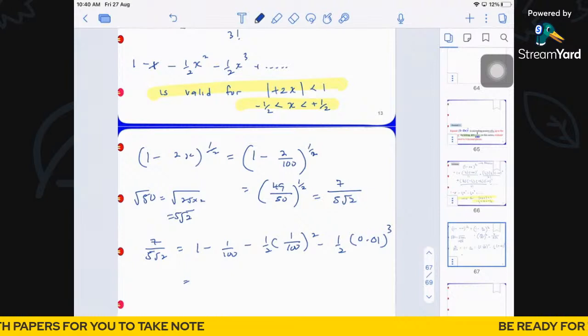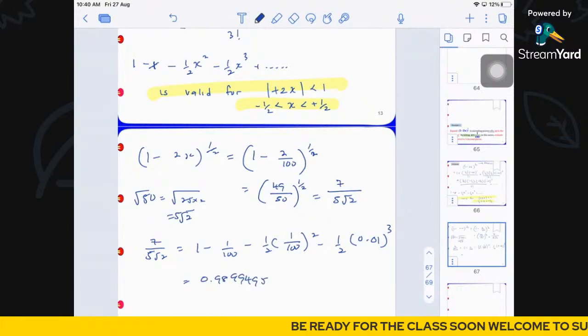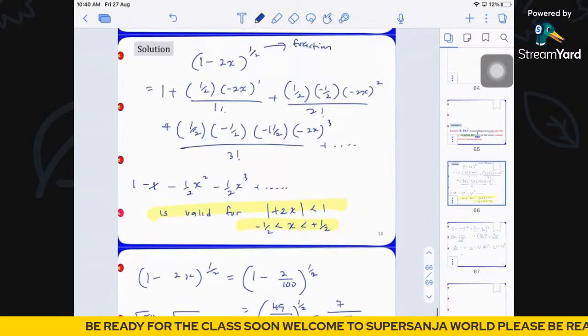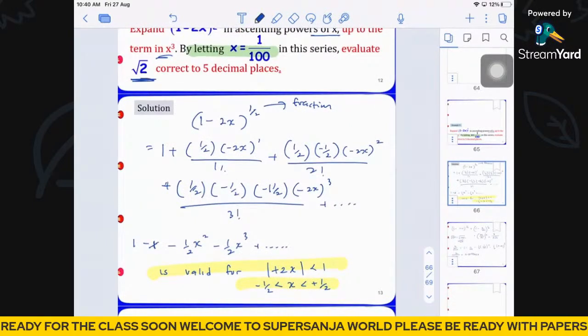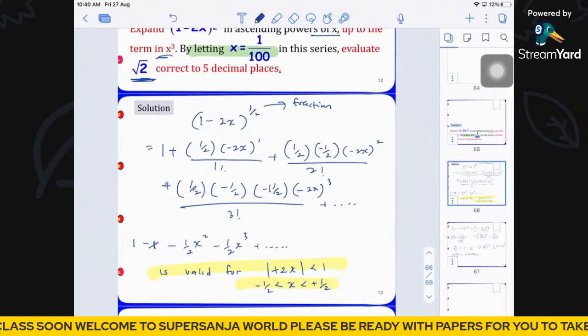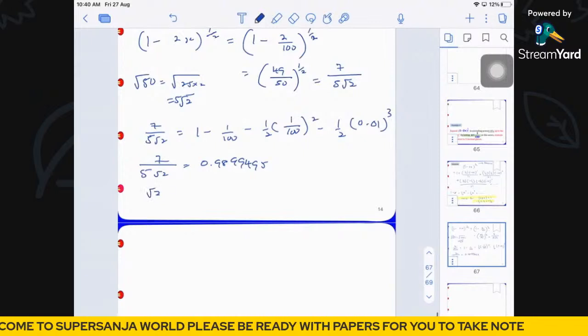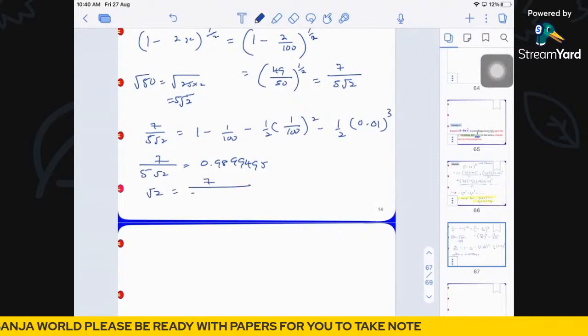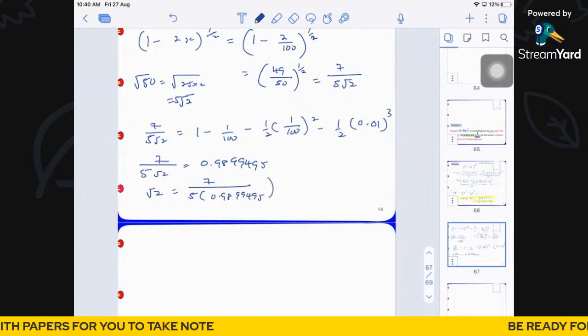So the answer will be 0.9899495, which equals 7 over 5 root 2. But they only want the value of what? Root 2. They want the value of root 2, so let's make root 2 the subject. So root 2 equals 7 over 5 times 0.9899495.